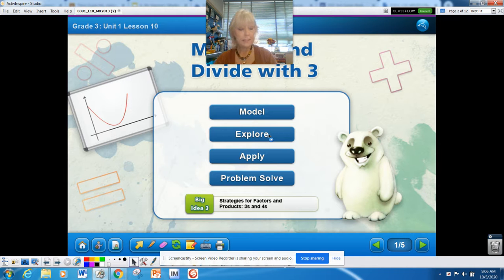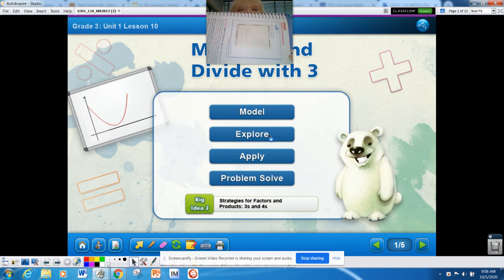So, all right, let's take a look as we explore our patterns of 3. And I want you to take the whiteboard that you got from the school, and I sure wish I had one here, but I gave them all to you guys. You're going to go on the outside where it has your multiplication, going all up and down the side there.